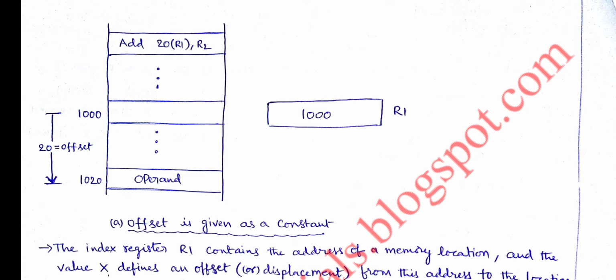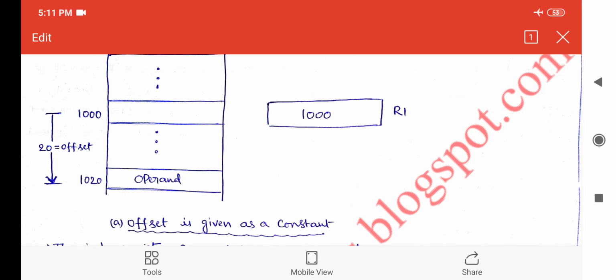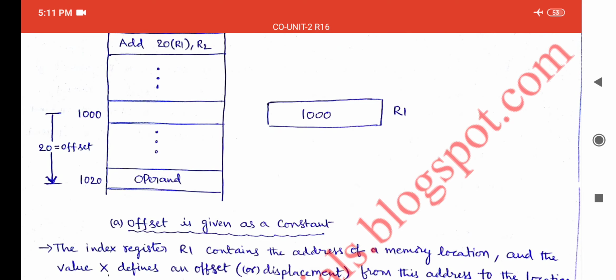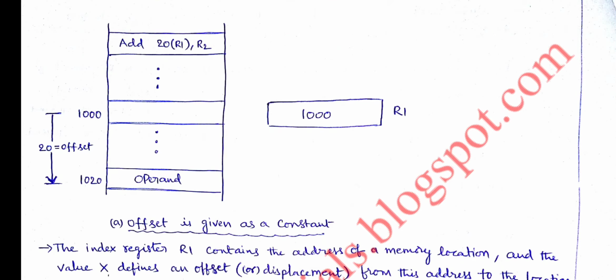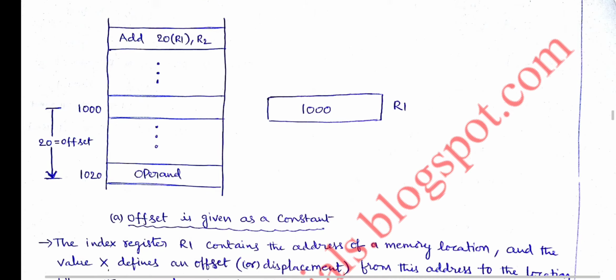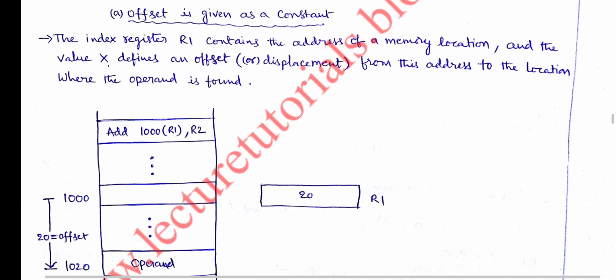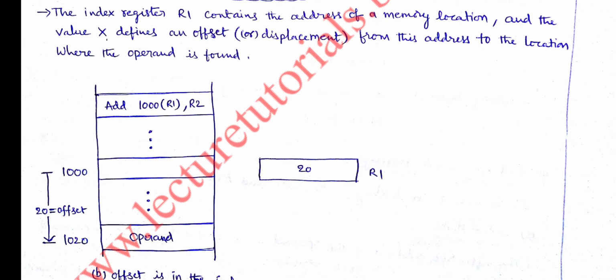So the total address is 1020. Here we observe 1020 contains the operand. That operand is added with the value of R2. That is one way of representing index mode. The index register R1 contains the address of a memory location, and the value X defines an offset or displacement from this address to the location where the operand is found.